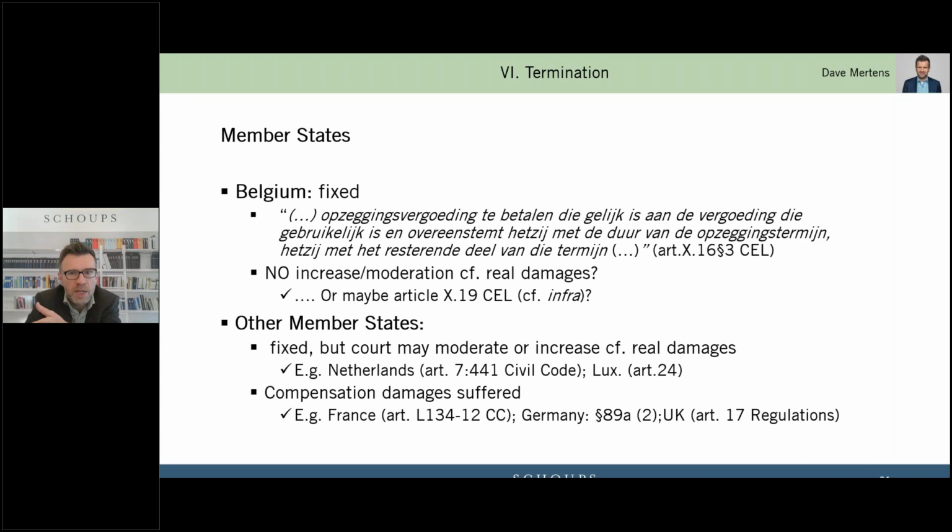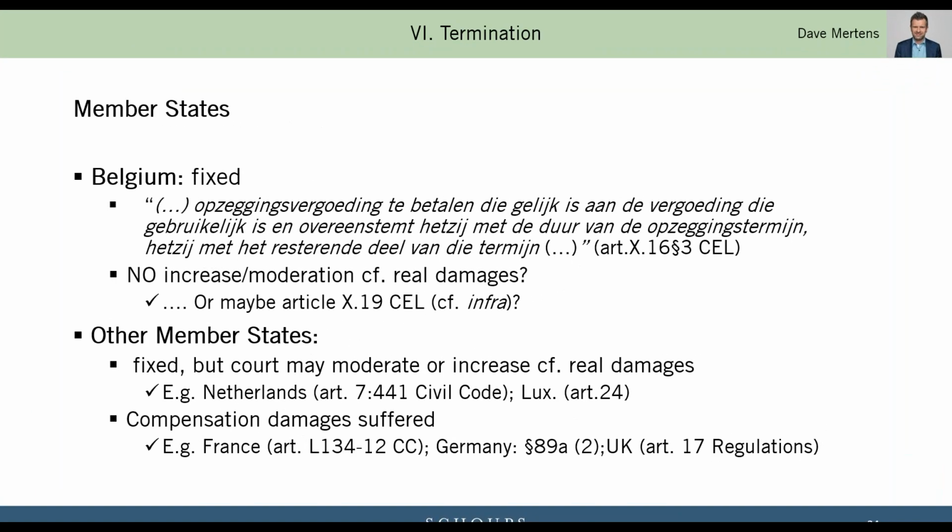Other member states, and again, this is another example of how the choice of law does have an impact, even within the European Union. In other countries, sometimes it's fixed, but the courts are allowed to moderate or increase to the real damage. The Netherlands is a good example. Also in Luxembourg, it's more of a rule of thumb. As a rule, it's the amount he would have made looking back, an average, but you can increase or decrease given the circumstances.